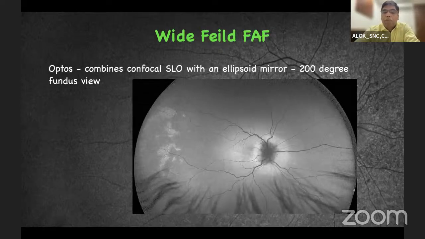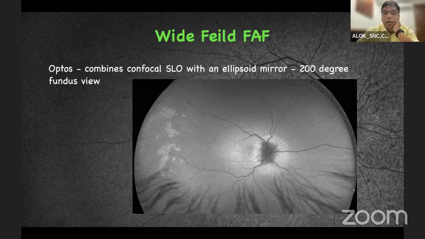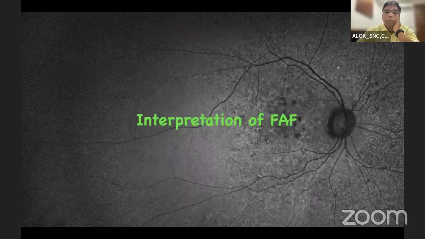So this gives you a broader area of retinal or RPE changes as compared to the standard 30-degree or 50-degree, or even the Clarus, which gives you around 120-degree of the fundus view.